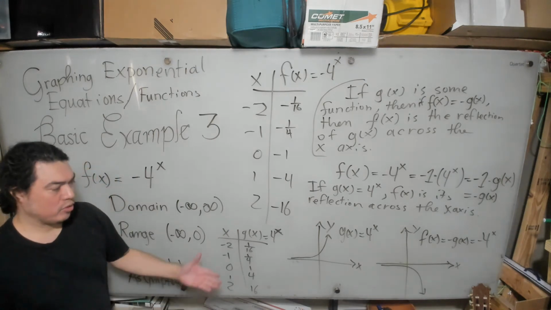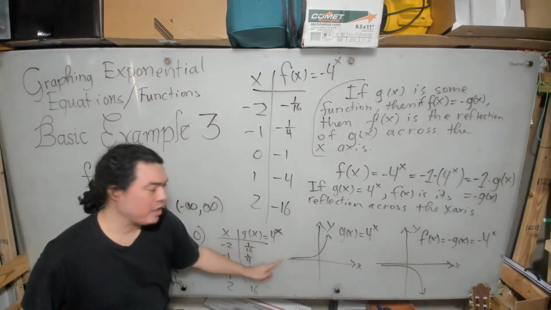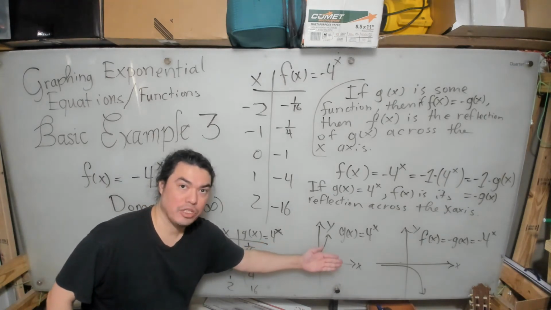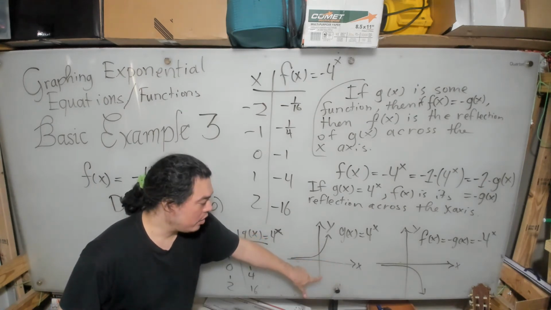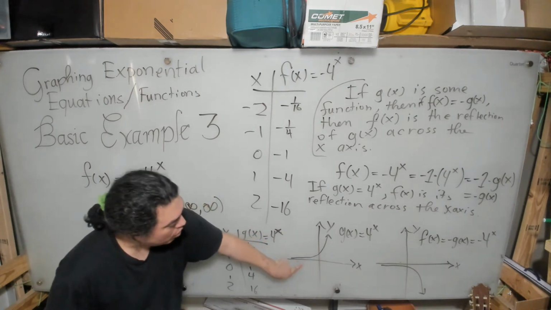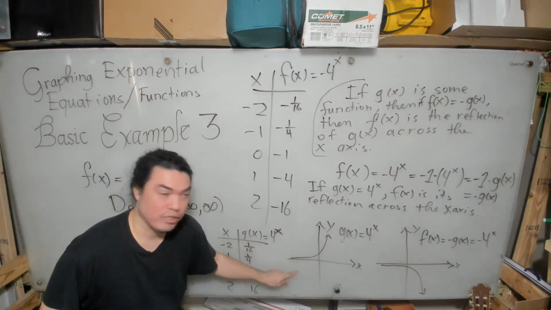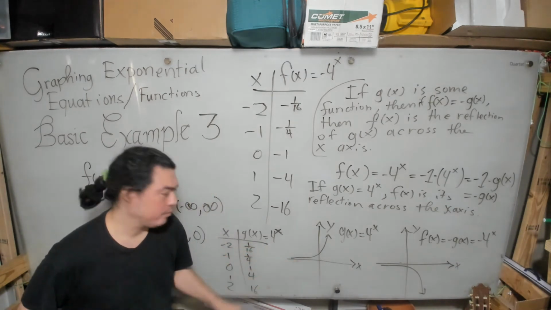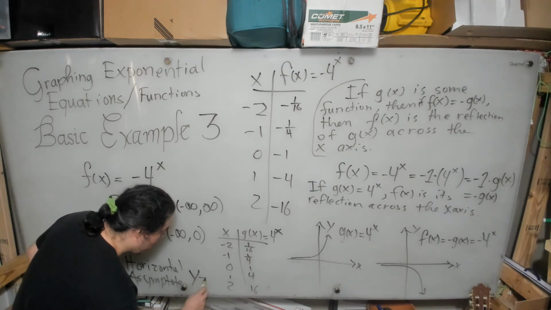And if the horizontal asymptote for 4 to the x was y equals 0, then rotating the whole graph about y equals 0, the reflection will come upwards towards the x-axis, the line y equals 0, as x goes to negative infinity. And so we know that the horizontal asymptote will still be y equals 0.